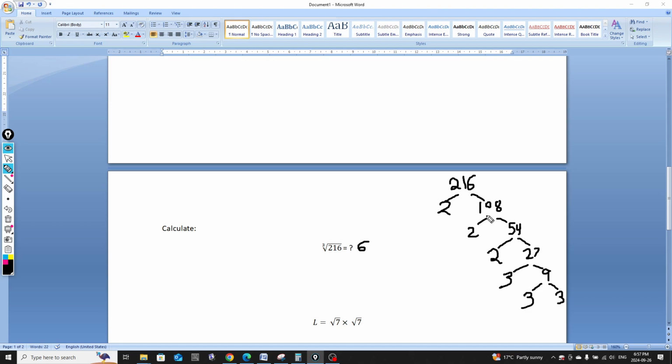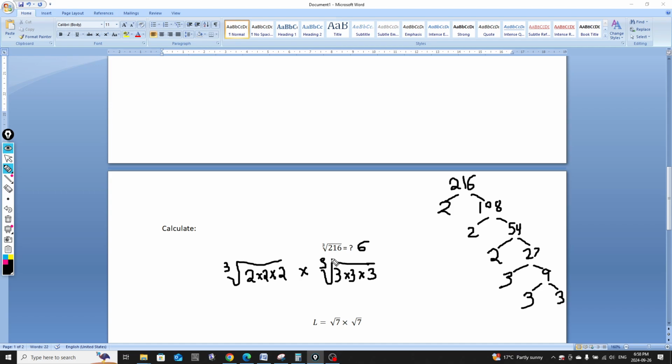So that means I can express this as the cube root of 2 times 2 times 2 times 3 times 3 times 3. I could rewrite that as the cube root of 2 times 2 times 2, times the cube root of 3 times 3 times 3. We saw this in class.